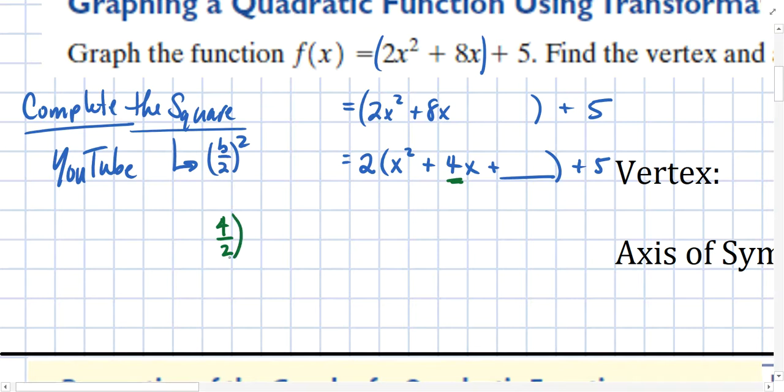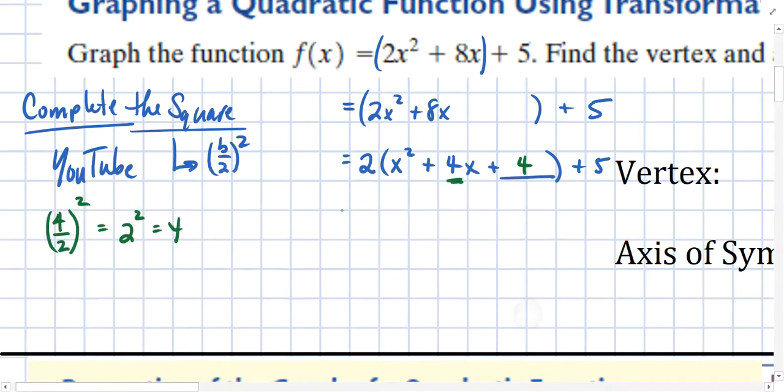We're going to divide that by 2 and square it. Well, 4 divided by 2 is 2, and 2 squared is 4. The value that we're using to complete the square trinomial is 4. And that makes a square trinomial on the interior of this expression. I'm going to slide this side note over a little bit further.